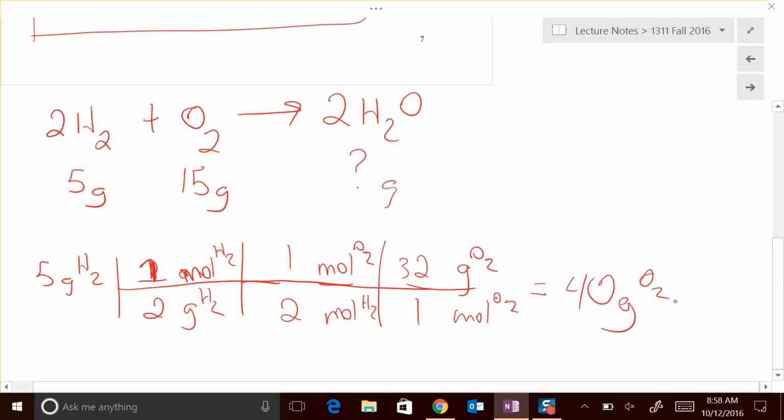If I have 5 grams of H2, how much O2 will react with it? 40 grams. Am I anywhere close to 40 grams? Not anywhere close to it, right?